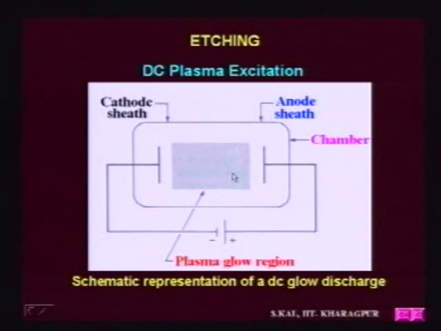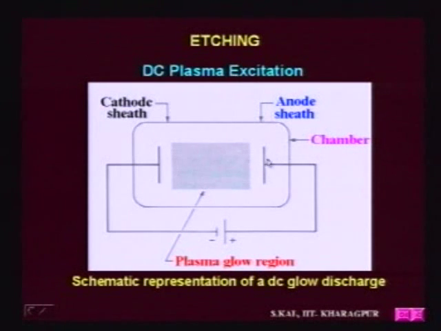Now, on the other hand, if either the cathode or the anode is covered by some insulating film or insulating material, then there is no direct current between these two electrodes. The plasma current will immediately stop, because the current path through the plasma region is terminated.